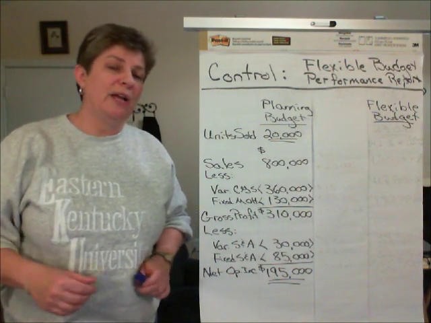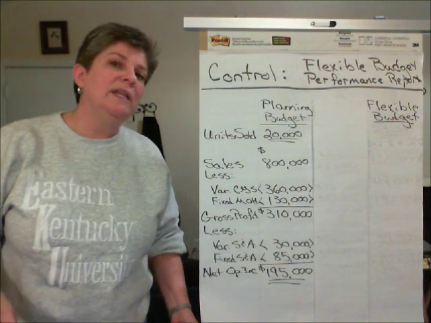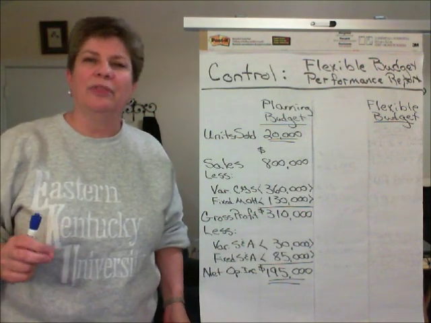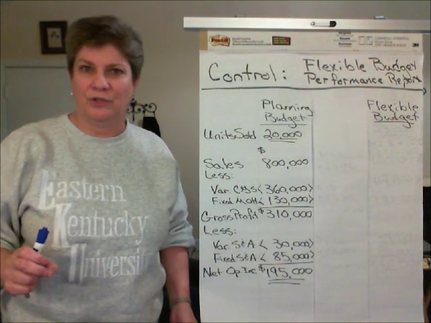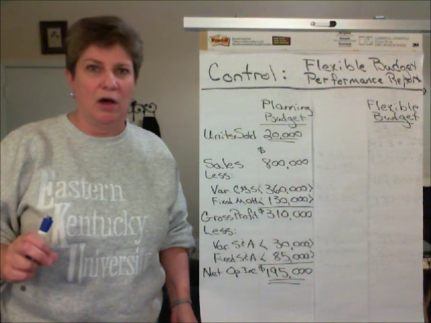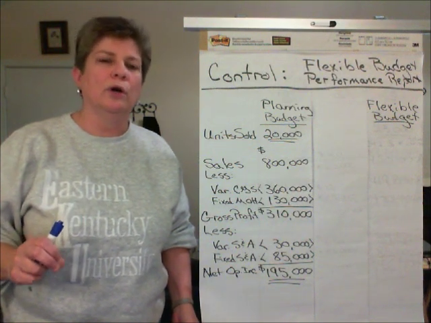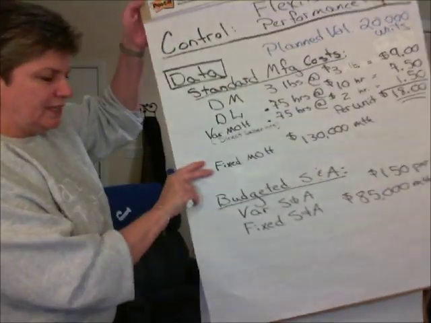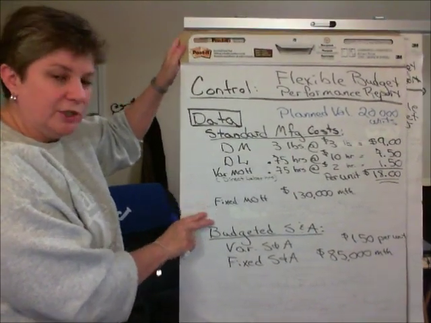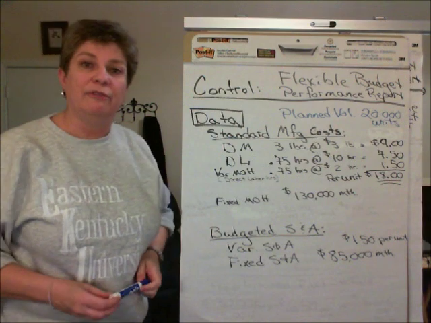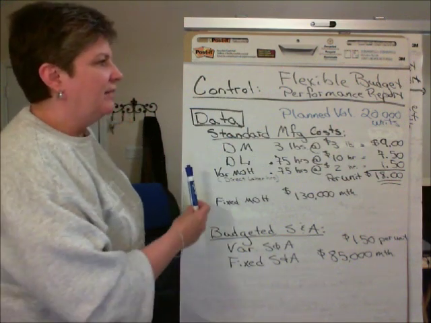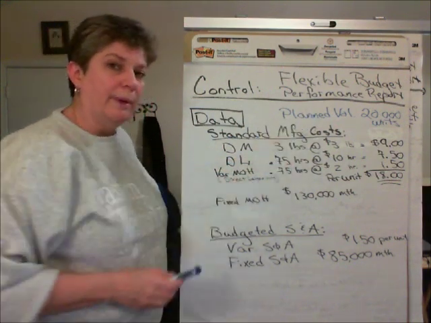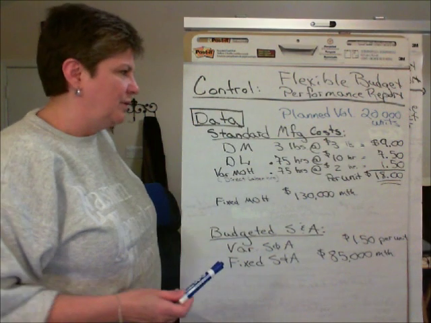So in order to prepare a flexible budget, we need to know information about what the standard costs and the budgeted costs per unit were for our product. So here is the data that we're going to be using in preparing our flexible budget. The planned volume level, remember, was 20,000 units.